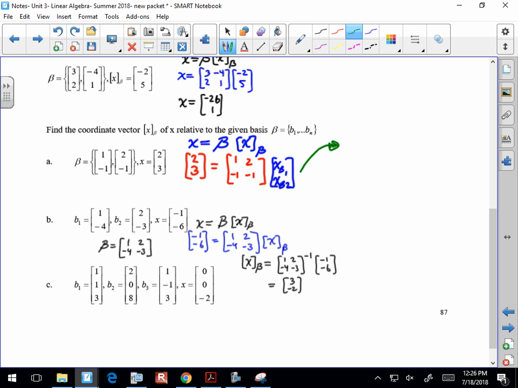Not going to give you a 0, that's all I care about. If you want to do it by hand, that's your business. So 1, 2, negative 1, negative 1, inverse, multiplied against the 2, 3.